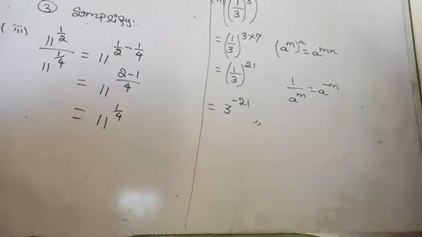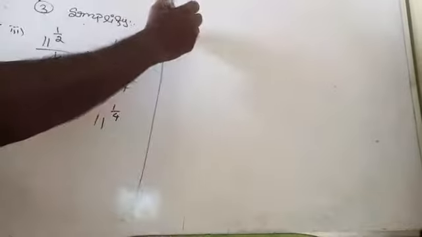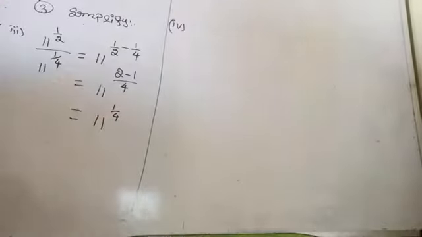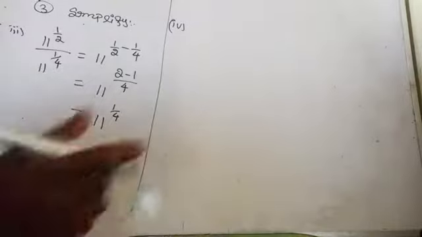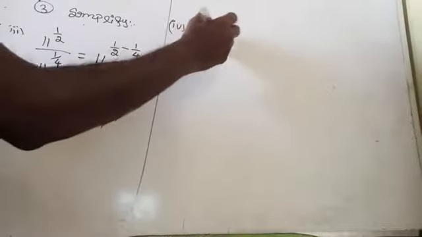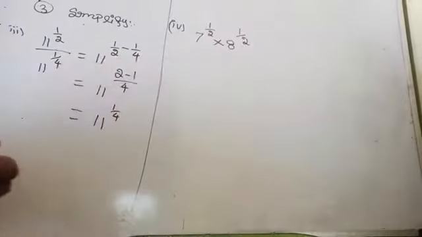Then the fourth part, it's the last question. Last part in question number 3. It's given, simplify 7 power 1 by 2 into 8 to the power 1 by 2. Am I right?